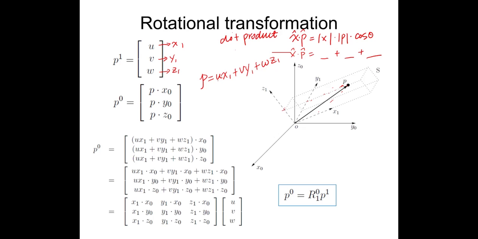Okay, and we know p1 is u, v, w. And if it is projected to x, y, and z, then we can write p as this dot product. Okay, and then what are x1, y1, and z1? Again, x1 is a unit vector that is 1, 0, 0.